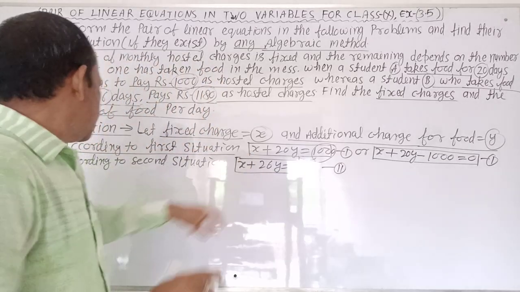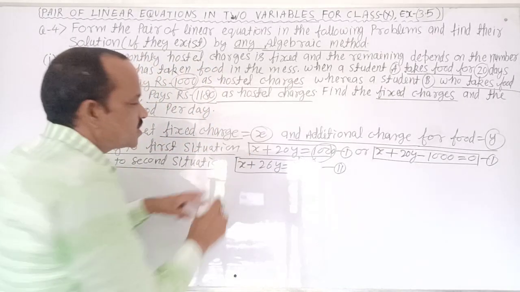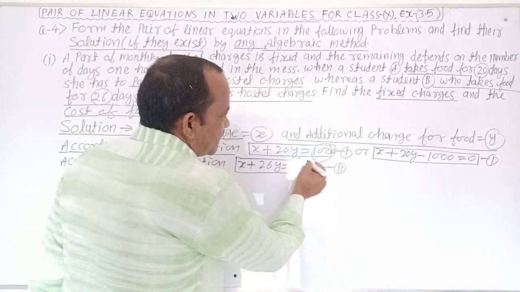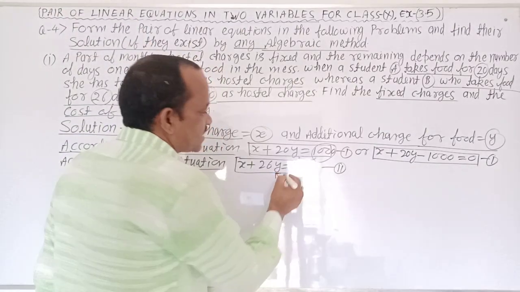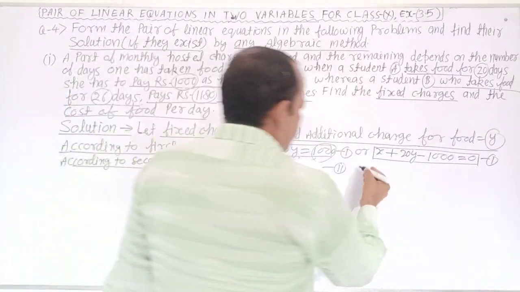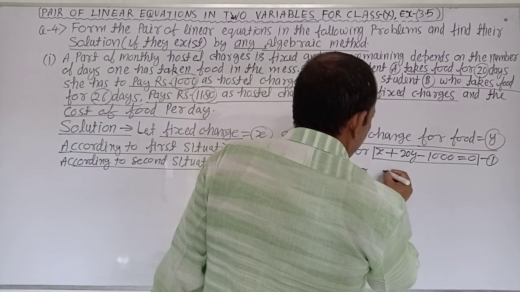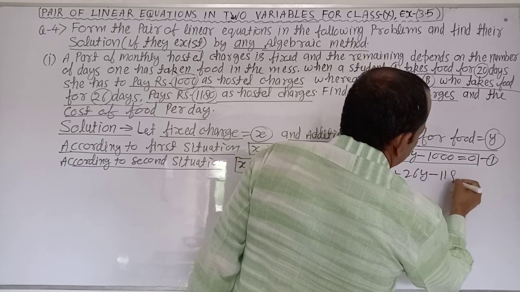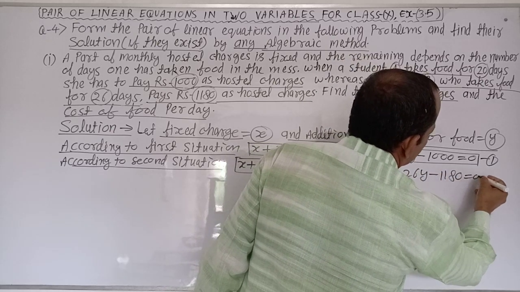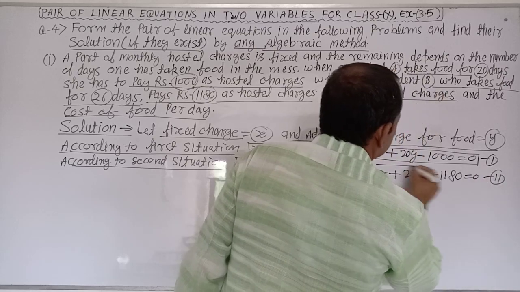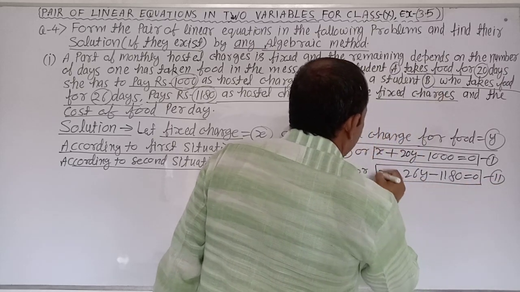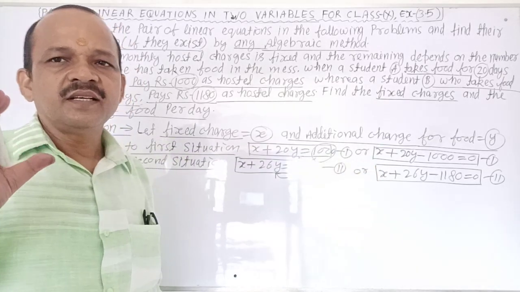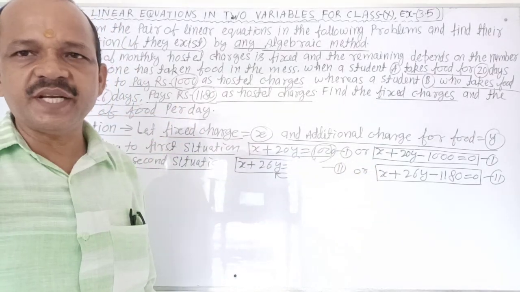It is equation second according to the second situation. Clear? You can write here 1180 on the left side of equal. It becomes x plus 26y minus 1180 equal to 0. Equation second. It is clear? No confusion about it?